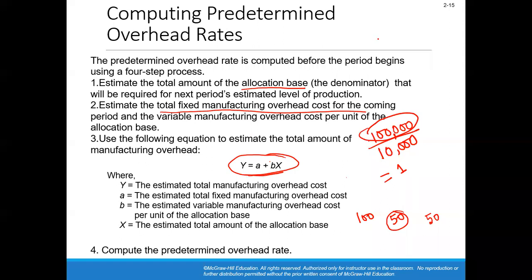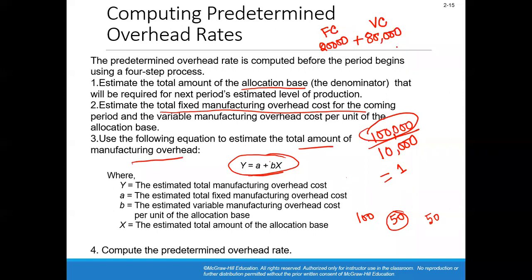It's that 80,000 cost is variable and 20,000 cost is fixed. This is for the total amount of manufacturing overhead. So note that it is a variable cost, and it is a fixed cost.